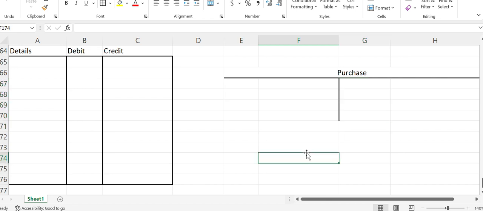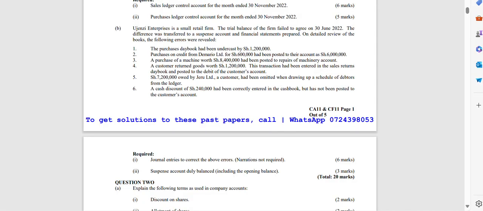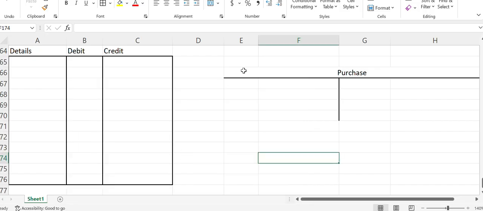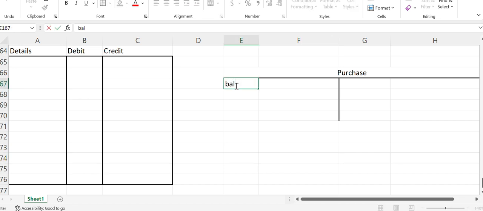And you are going to see how we are going to identify that. So we have our purchases account, and they are saying the purchases day book had been undercast by 1200. We know purchases is an expense. We don't know the balance brought down, so let's assume it was just XXX.